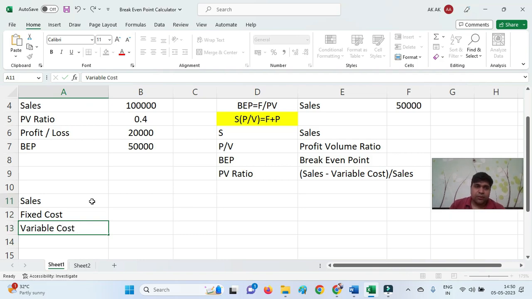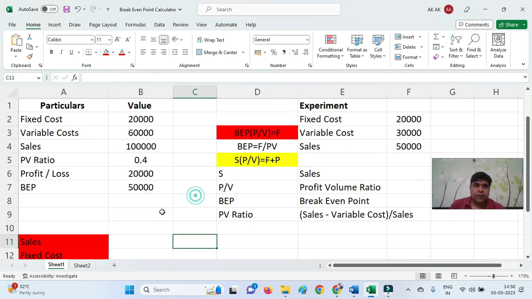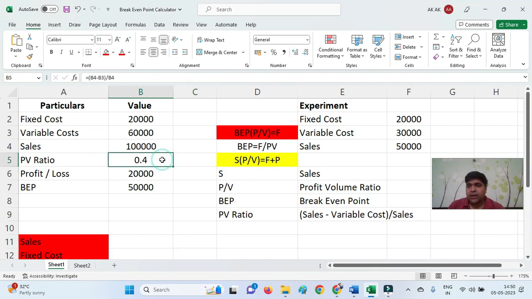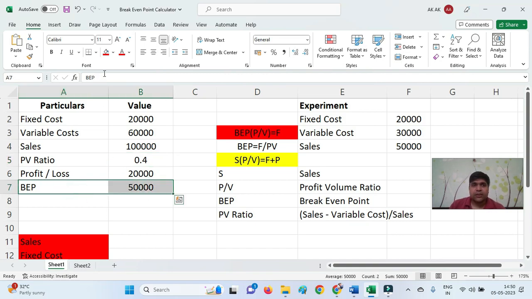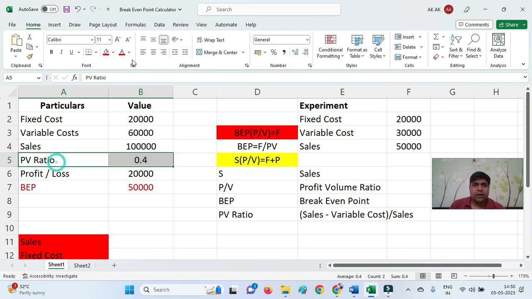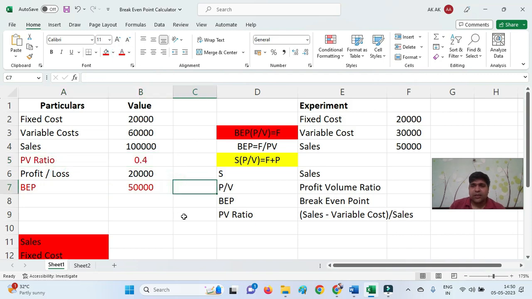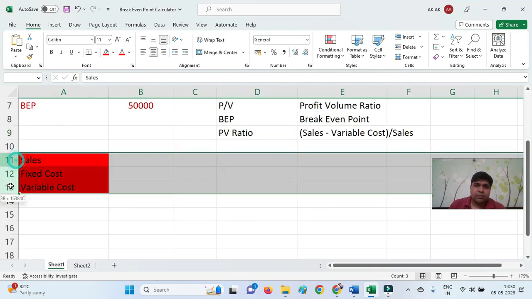If you have these three figures, you can calculate very easily whatever I have told you. You can calculate the PV ratio, and then you can calculate the BEP. These are the two calculations which we have done. Calculating profit is very easy, a fourth or fifth standard student can do it.